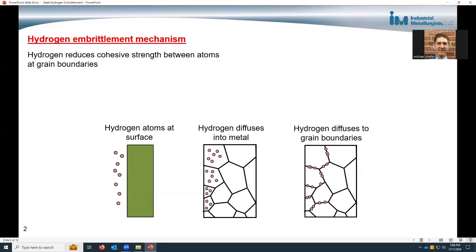So the hydrogen reduces the cohesive strength between the atoms at the grain boundaries, and as a result, there's cracking at stresses less than the metal's yield strength, because the strength of the grain boundaries has lower strength compared to the strength of the metal itself, or the metal grains.